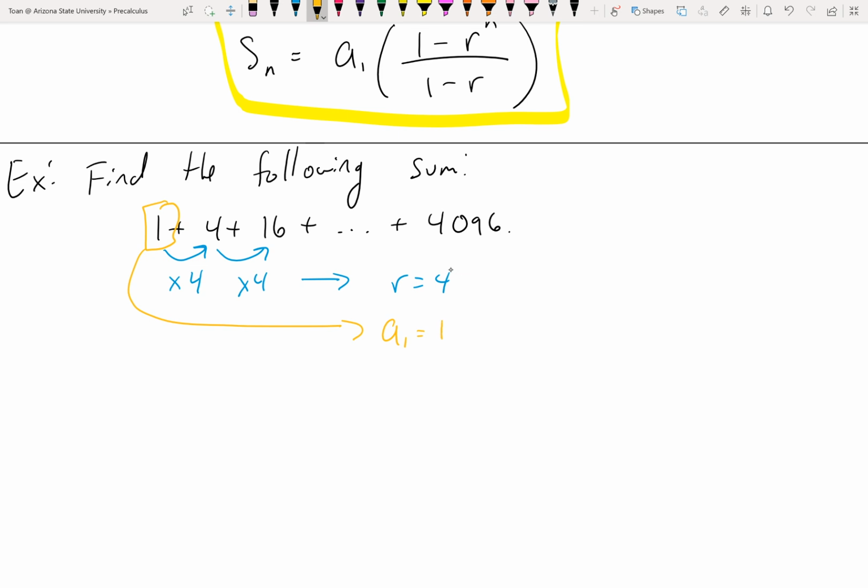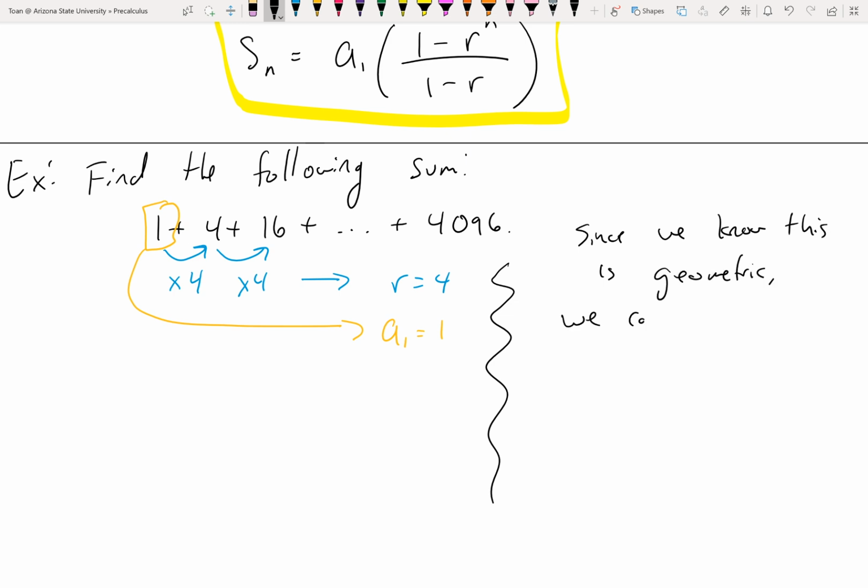The only information I don't have is the exact number of terms I'm adding up. But just like with last week, just like with arithmetic series, since we know this is geometric, we can use a sub n equals a sub 1 r to the n minus 1.